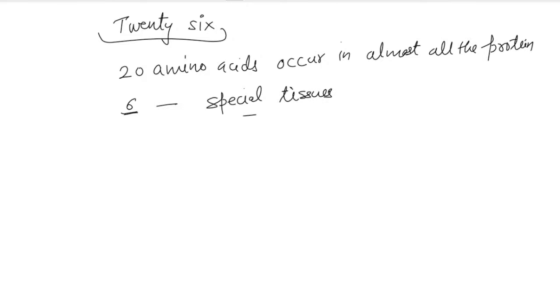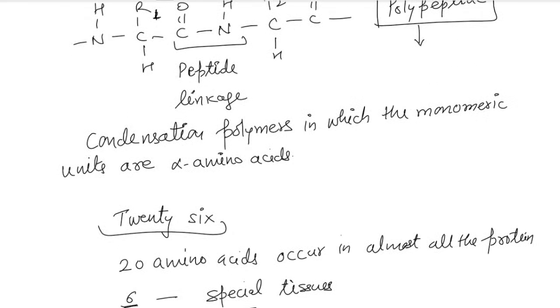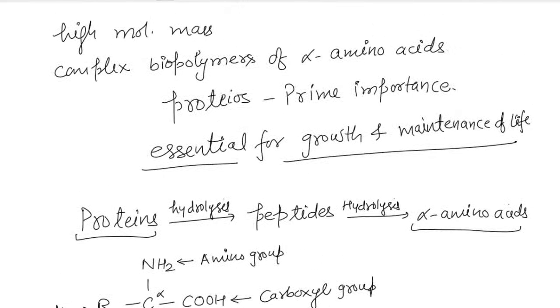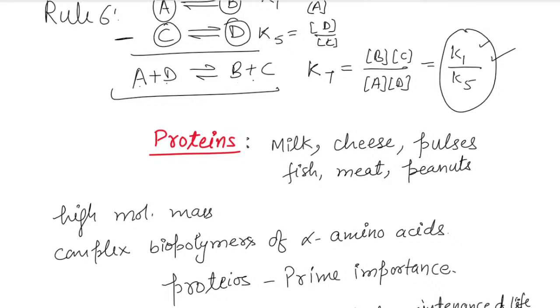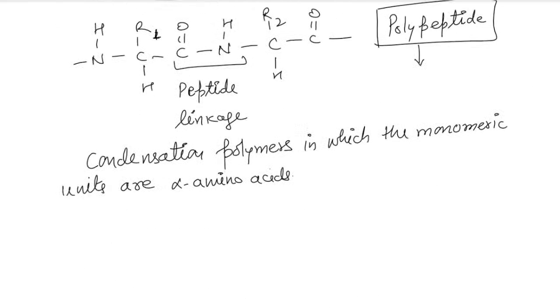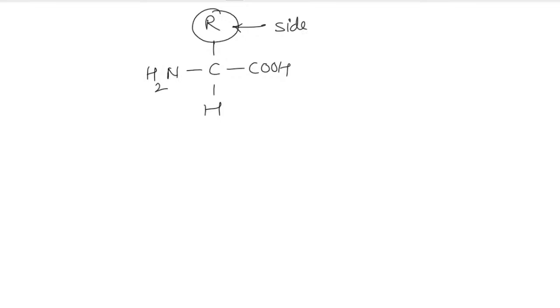Okay. So these amino acids differ from one another in, one second. See, alpha amino acid is like this, so they differ in this group only, side chain.